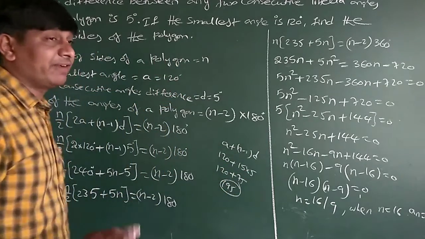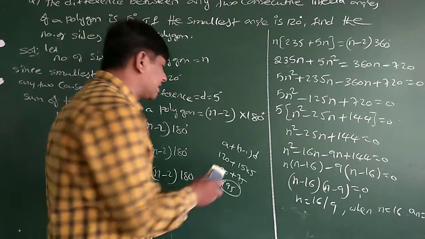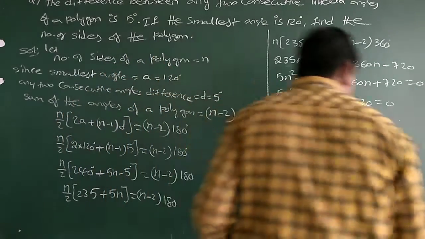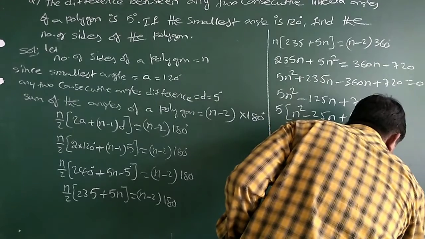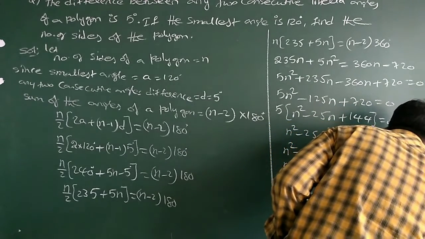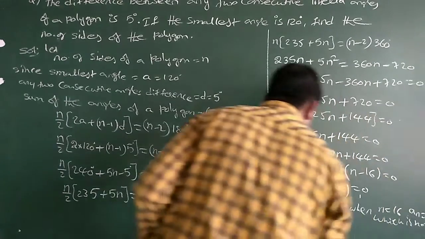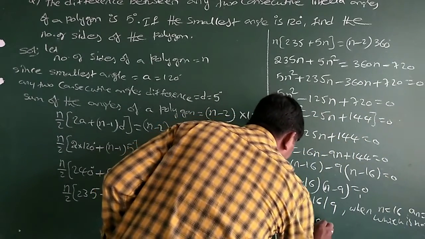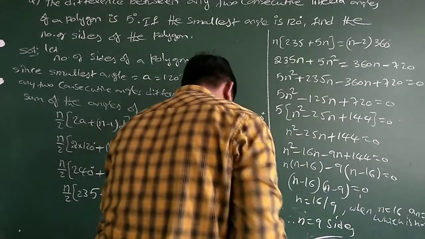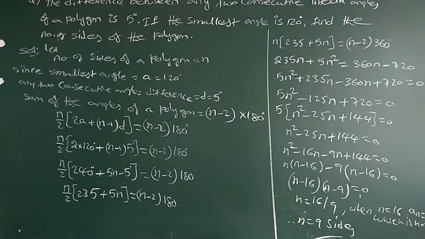The greatest angle is 195; in any polygon you don't find such a type of angle, so which is not possible. Therefore, n is equal to 9 sides. The number of sides of the polygon is 9 sides. Check that once, I'll revise that.